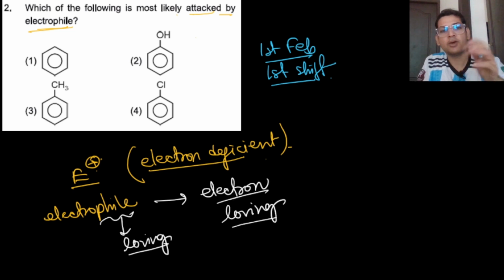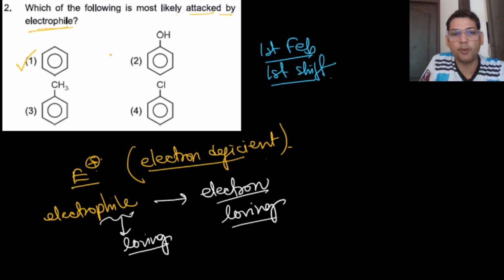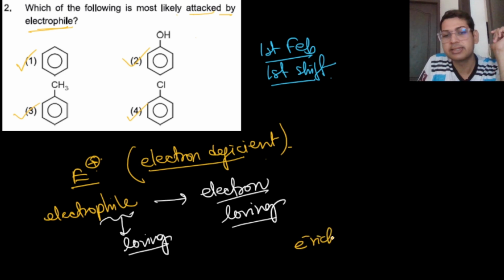Now, among the options given, you have to tell me which of them is electron rich. Why do we need electron rich?